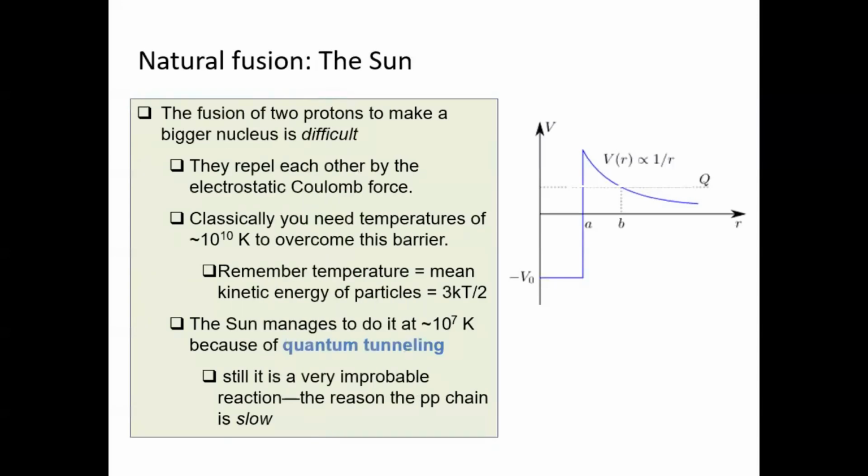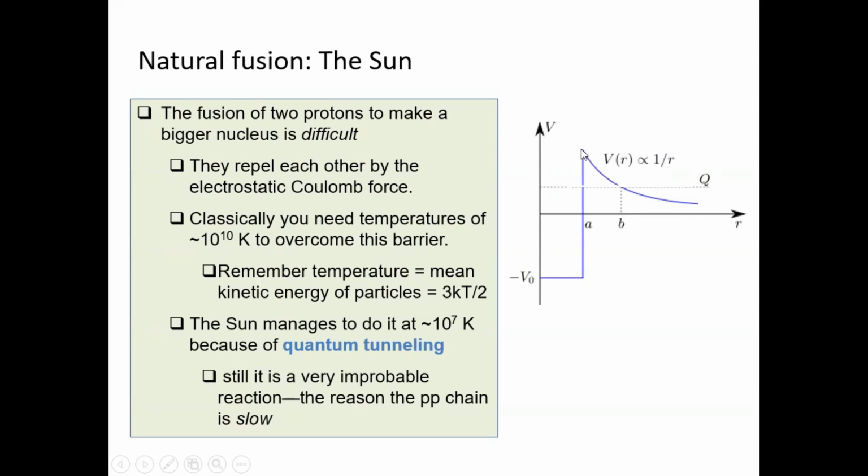Fusion is a natural process in the sun. Fusion of two protons to make a bigger nucleus is difficult on Earth, but it is easy in stars and the sun. Because two protons repel each other, they have the Coulomb electrostatic force. So if you want to reduce R, the distance between the two nucleons, the 1/R behavior dictates that the potential will go high, a positive repulsive potential.